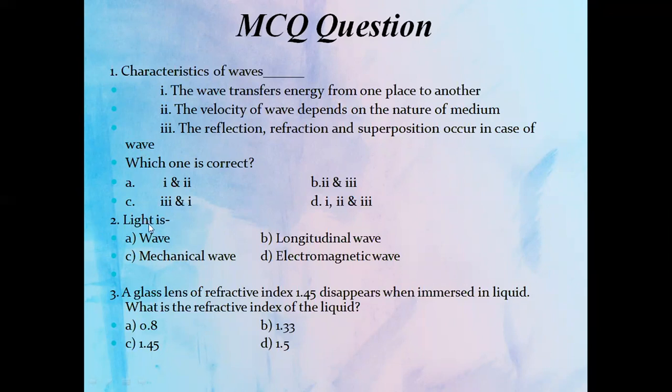Another one: light is a wave, longitudinal wave, mechanical wave, or electromagnetic wave. And the last question: a glass lens of refractive index 1.45 disappears when it is immersed in a liquid. What is the refractive index of the liquid? And I show you the options.